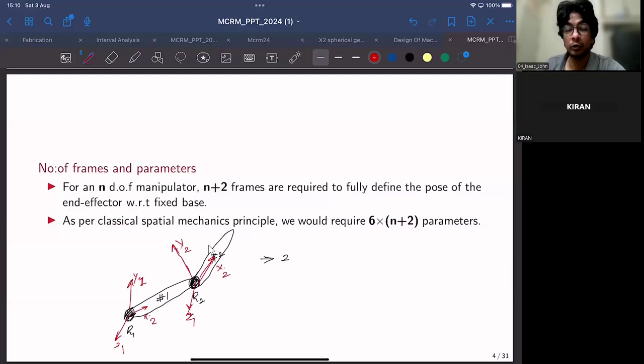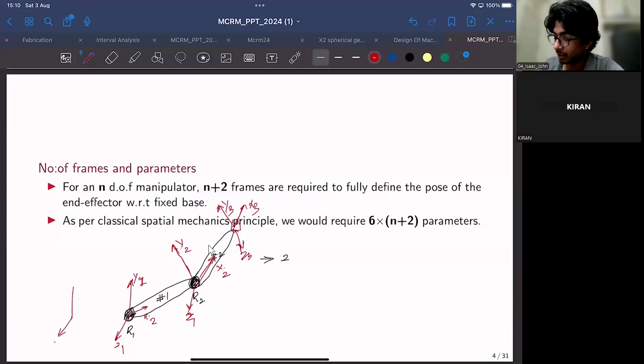The +2 factor here accounts for one more additional frame at the end effector or at the tool, which could be labeled as Z3, X3, and Y3, and one more frame of reference at the base, attached to the ground.